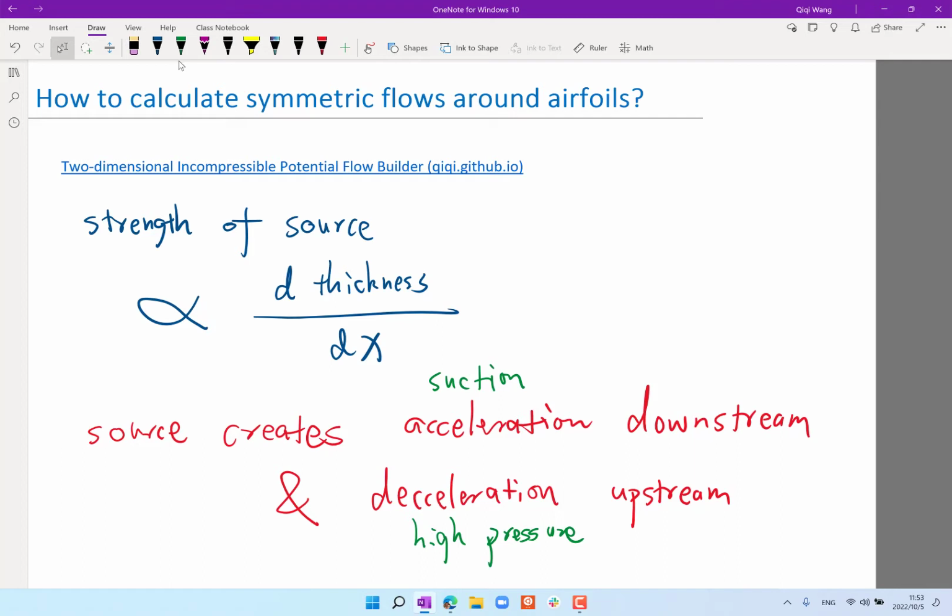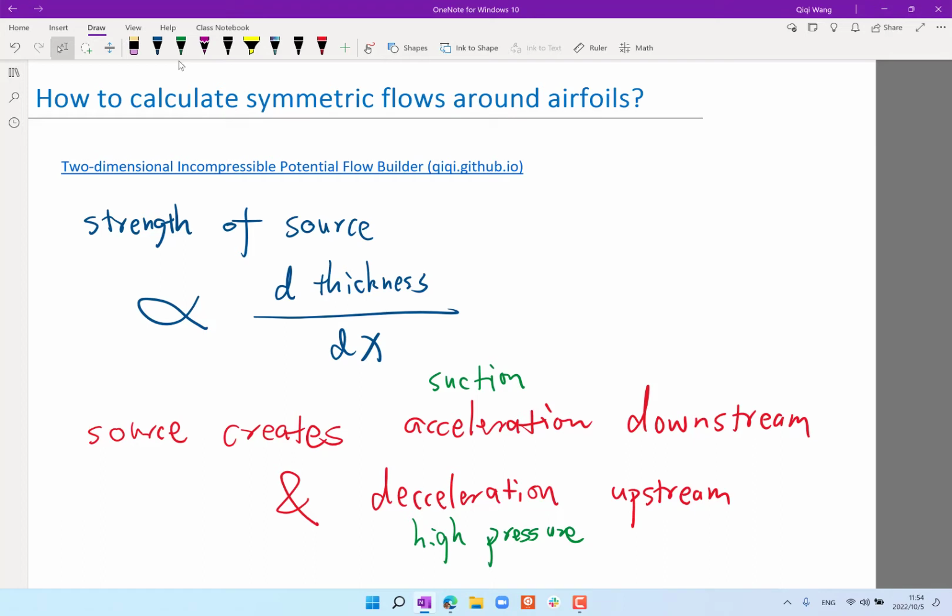So what we can see is that the sources and sinks affect the shape and the pressure distribution in two different ways. It affects the shape locally. Okay, so whenever you increase the strength of the source, it changes the d thickness dx at that chord location.